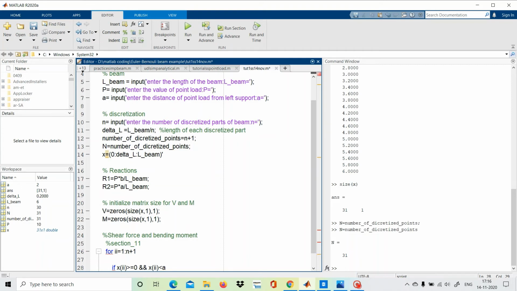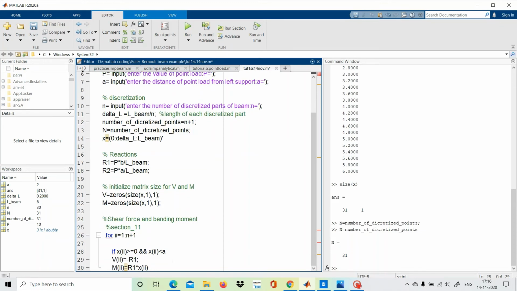So if this is the criterion, that X of ii is greater than or equal to 0 and less than a, then the shear force would be minus R1 and the bending moment would be this one.